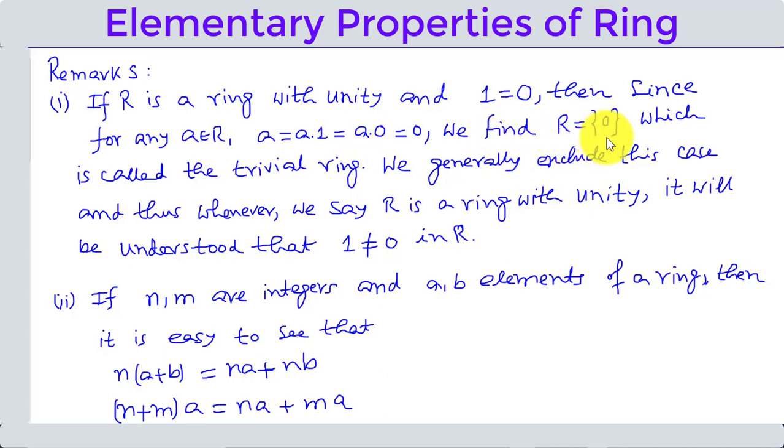We find R = {0}, that is, R is a ring consisting of only one element 0, which is the additive identity, and it is called the trivial ring. So we generally exclude this case, and whenever we say R is a ring with unity, it will be understood that unity is not equal to 0 in R, because if unity is equal to 0, then it becomes the trivial ring.